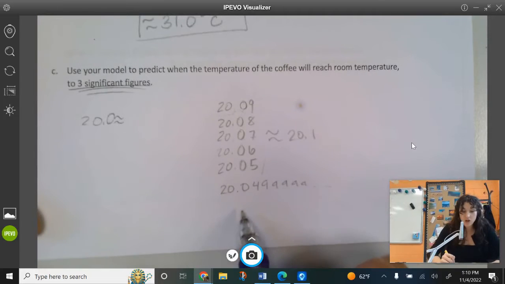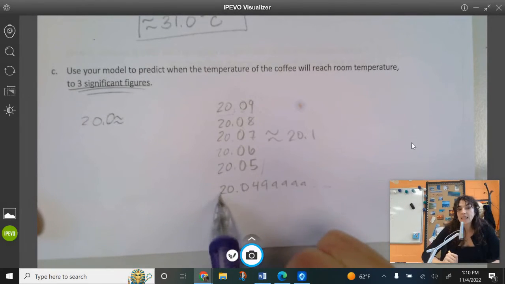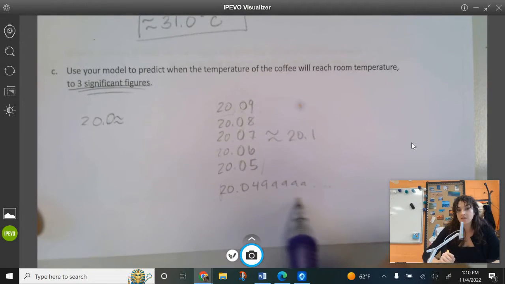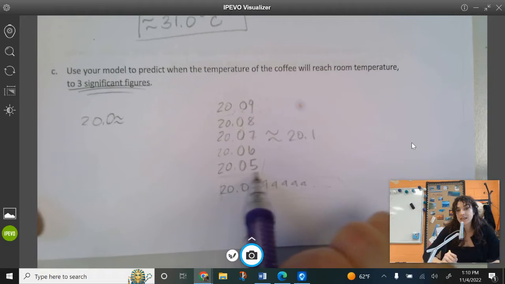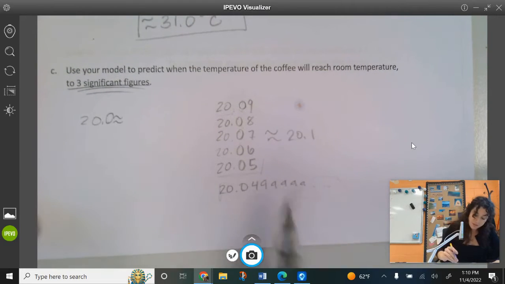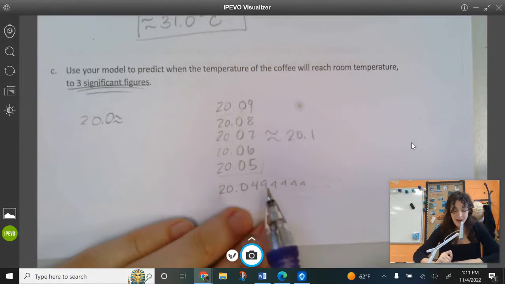So we want to know, when will our model be at this value, essentially, or anything less than this? Trying to think of a way to say that so it makes a little bit more sense.